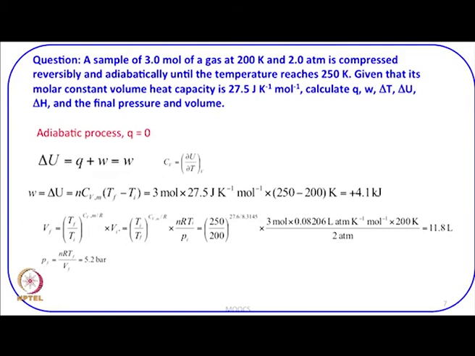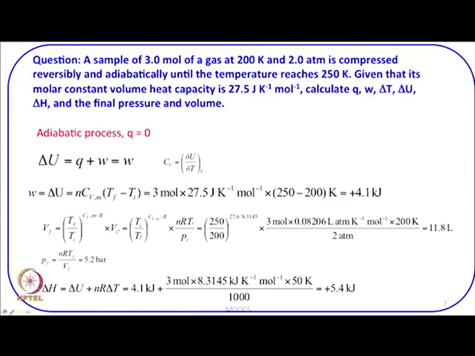Now, the only thing that is left over is to calculate the change in enthalpy, and change in enthalpy again we can calculate from this expression, delta H is equal to delta U plus nR delta T, and here we have the value of delta U we have already calculated. We know the value of nR delta T, you substitute the numbers, and here I am converting joules into kilojoules by dividing by 1000, the number comes out to be 5.4 kilojoules.